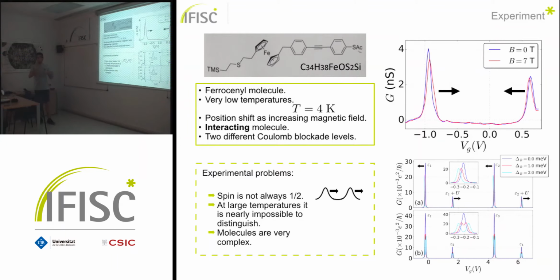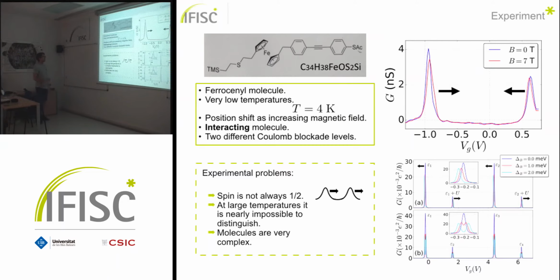Also, if the temperature is a little bit higher, it's really difficult to distinguish interacting and non-interacting cases. And molecules are very complex at the end because they have orientation. They can be put in the junction in different ways.